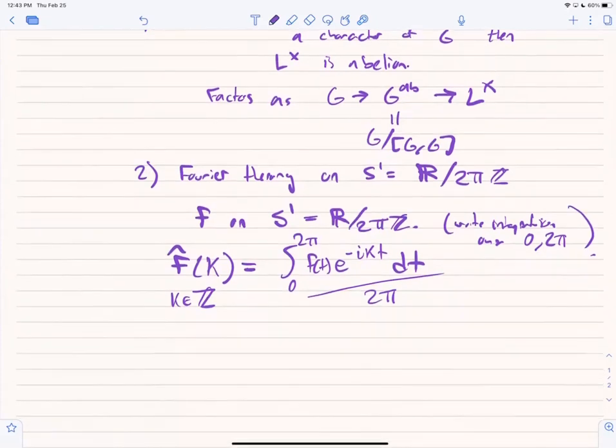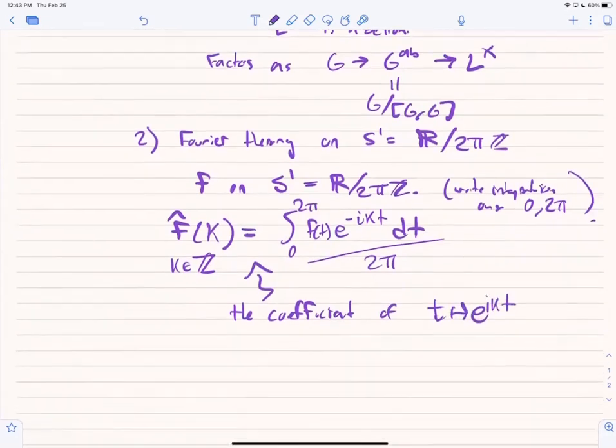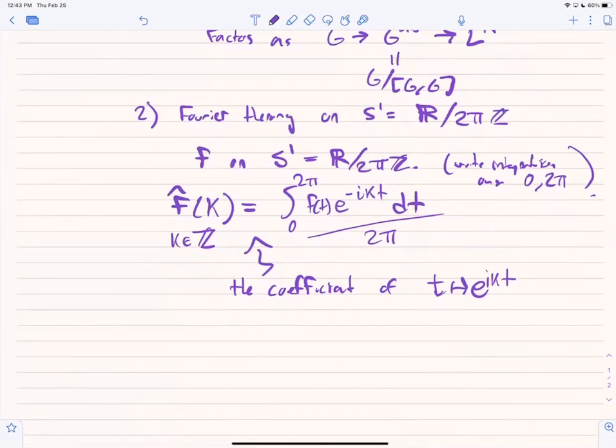Okay, and I just want to point out that in this Fourier transform, this is just a coefficient of the character t goes to e to the ikt. So it's the coefficient of this function in the expansion.